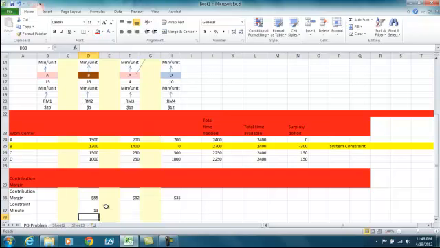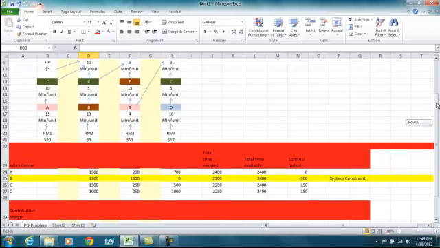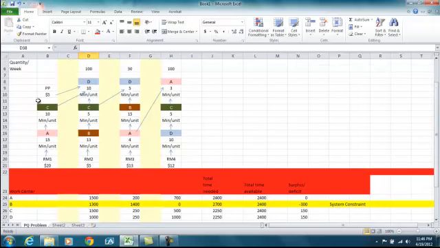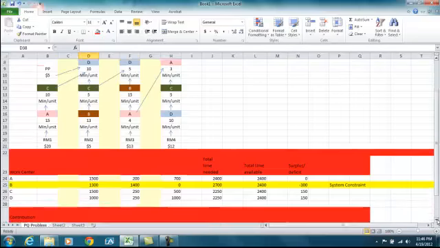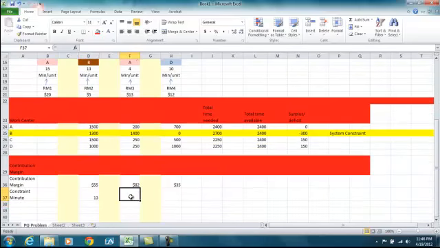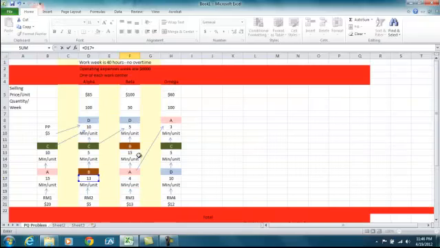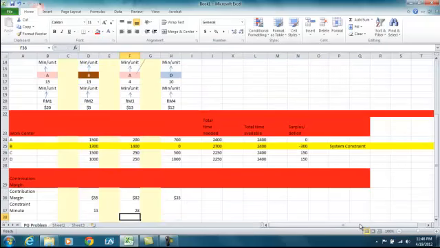And then there's only the one B in that scenario for an alpha. For beta, there are two B's. Okay? And for omega, there are none.